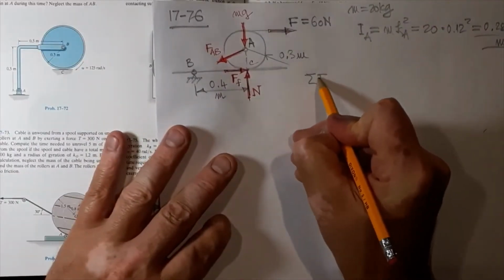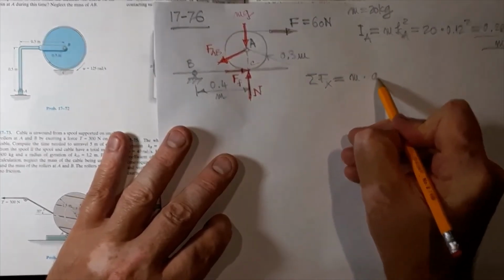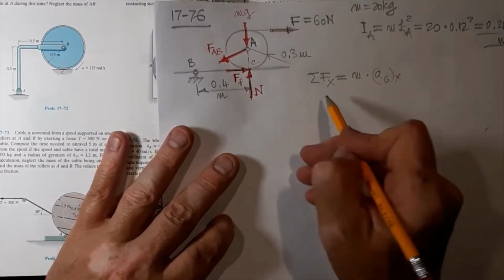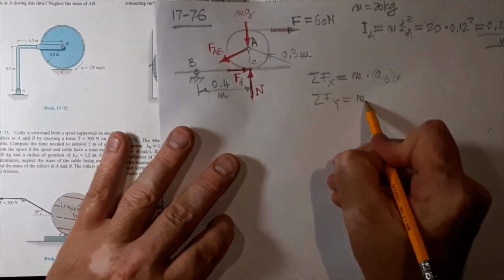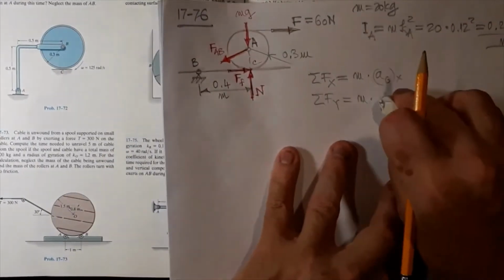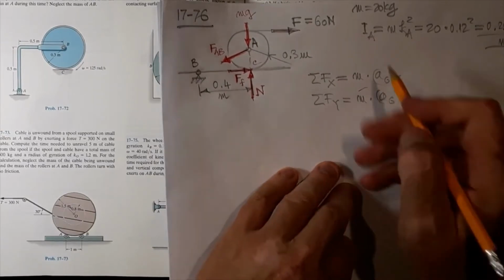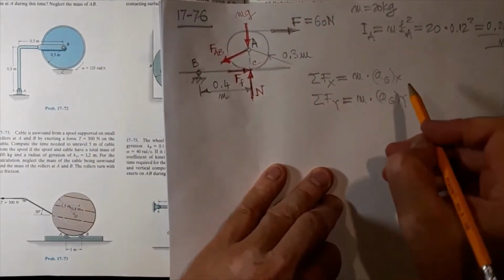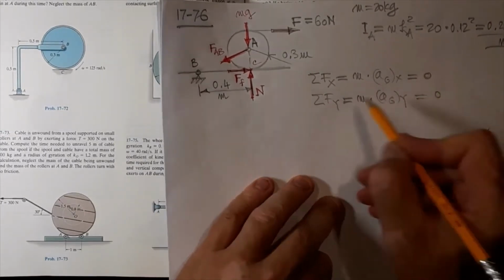So the sum of forces in the x direction is mass times acceleration of the center of mass in the x direction, and the sum of forces in the y direction is mass times acceleration of G in the y direction. But those are 0 because the center of mass is stationary.